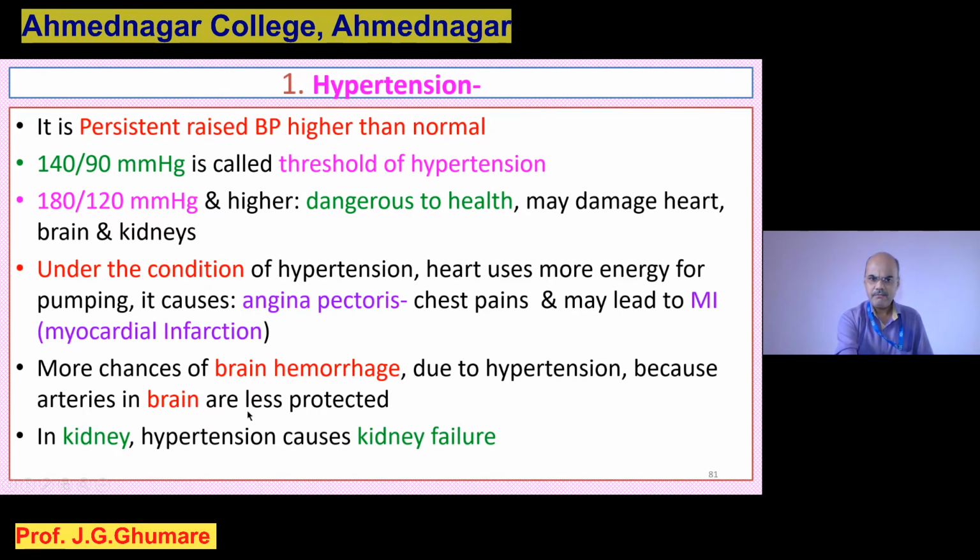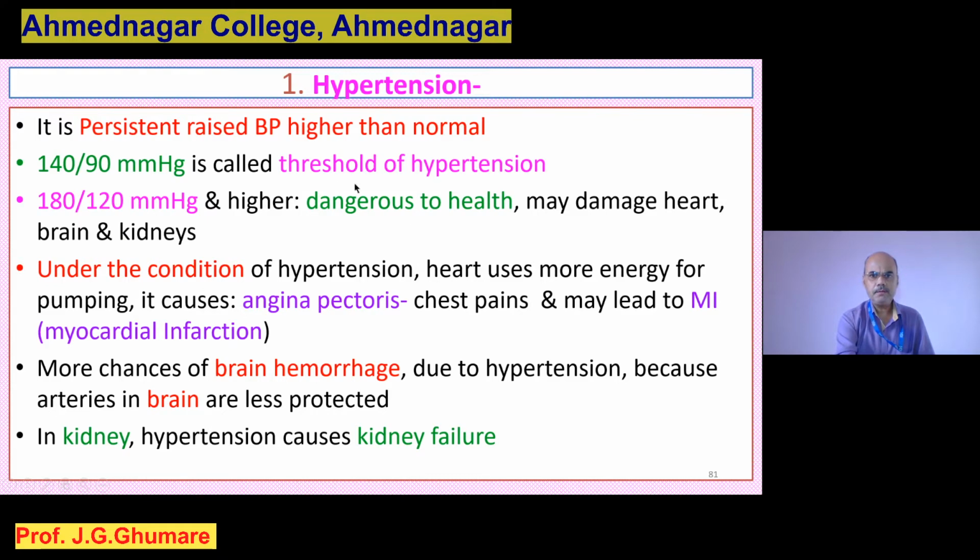So the brain will not get sufficient blood, and that might get damaged. Then the kidney, and the problem will be kidney failure. We already discussed it in 11th standard. The kidney fails to work. Urine formation will not be there, which will accumulate waste in the body, and this problem is called kidney failure.